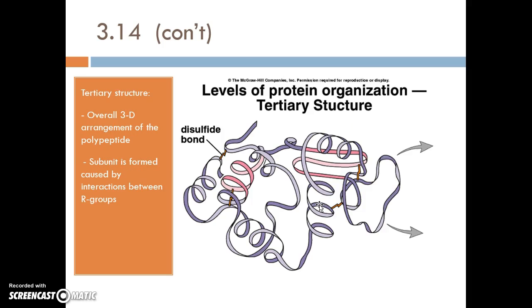When the protein is completely folded, you could see that this is a combination of these curly Q's, which are those alpha helixes. See them right there? And then see these zigzag ones that are in pink? Those are those beta-pleated sheets. This could be a protein on its own, and this is called the tertiary structure.